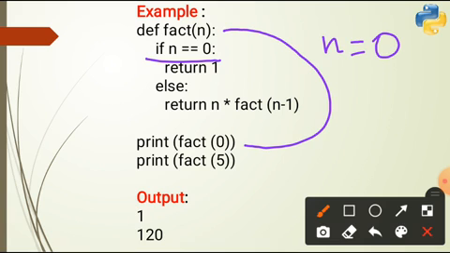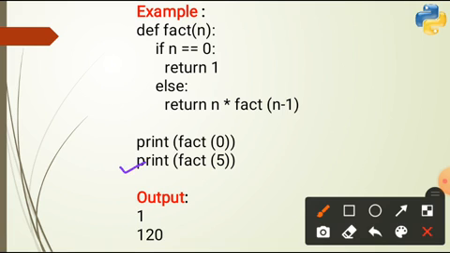We are passing the value 0, so it directly matches the statement. The condition is true. Now it returns the value 1 to the function, so the program terminates and prints the output as 1.